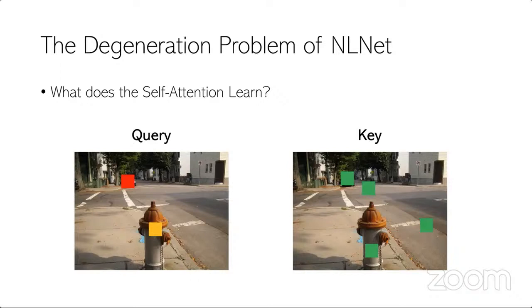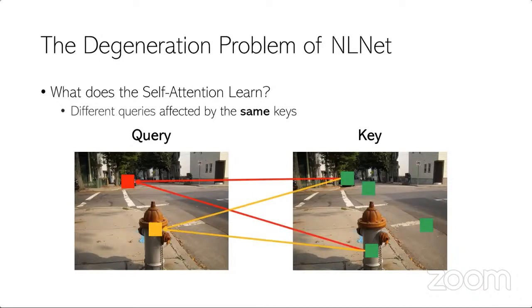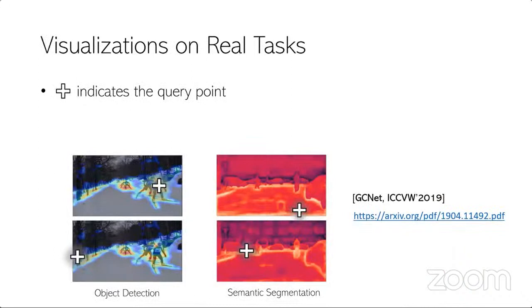But what does the self-attention module really learn? Unlike expected, we find different queries in the left image are usually affected by the same key pixels in the right image. This means the self-attention module degenerates from query dependent to query independent. It behaves more like a unary model instead of a pairwise model. We show some real examples from the tasks of object detection and semantic segmentation.